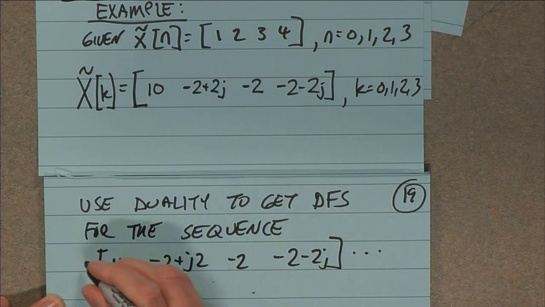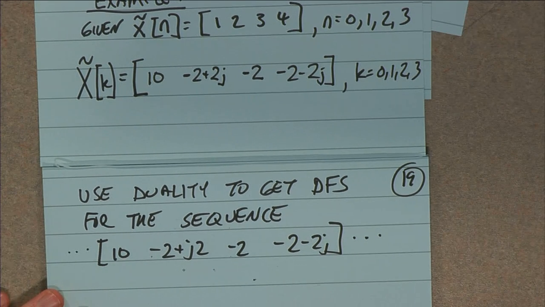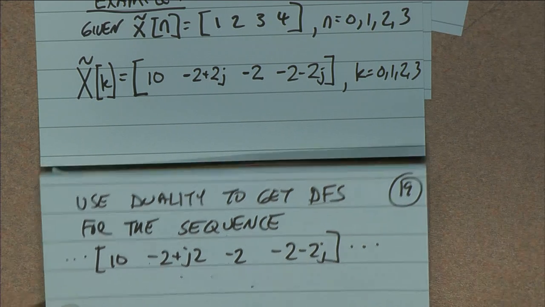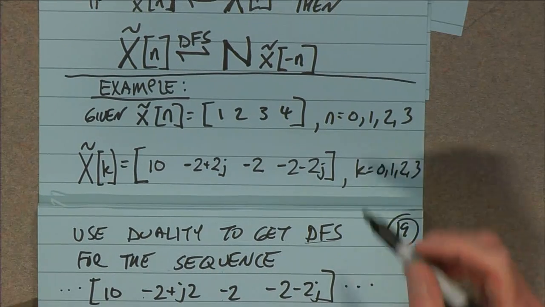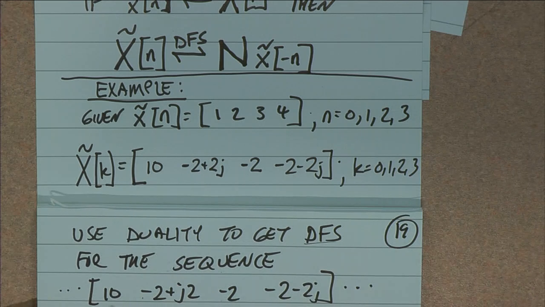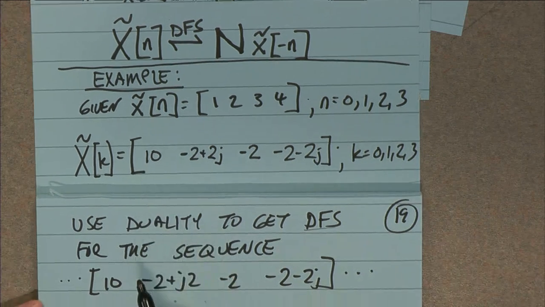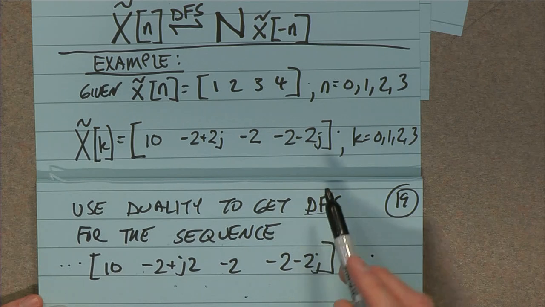And we have to assume, or we have to say that it's periodic for this to work, right? Because we're getting the discrete Fourier series, which applies to periodic sequences. So using duality, we know how to do this, at least in theory, because we're given x of n, we know X of k, and this sequence here is, well, how about that? It is the X of k sequence: 10, minus 2 plus 2j, minus 2, minus 2 minus 2j. So we've got it all there.